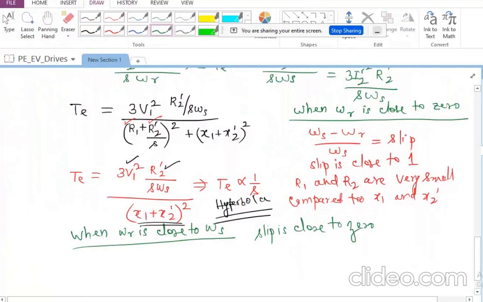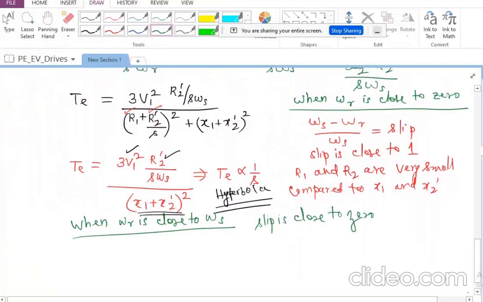So when the slip is close to 0, under such a condition, R2 divided by S, if originally R2 is only 1 ohm and slip is 0.01, it is going to be increased by 100-fold. So if R2 is 1 ohm and slip is 0.01, R2 dash divided by S is going to be 100. So it is increased multifold in that case.